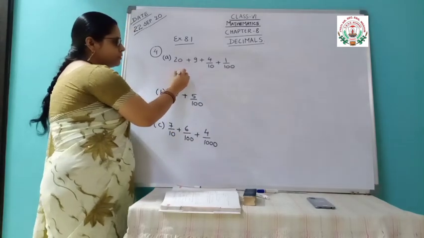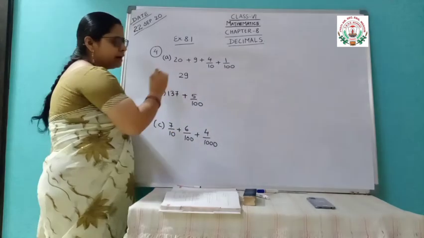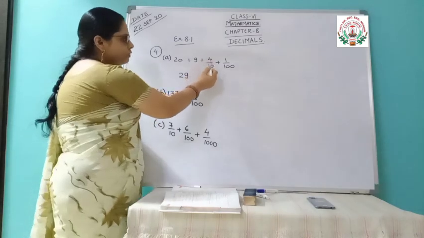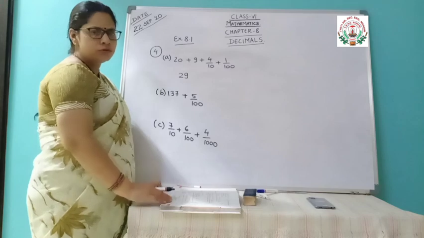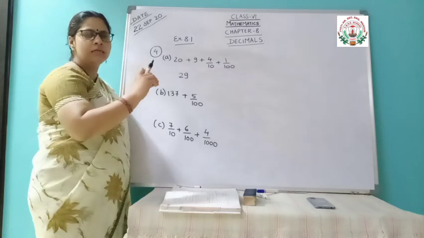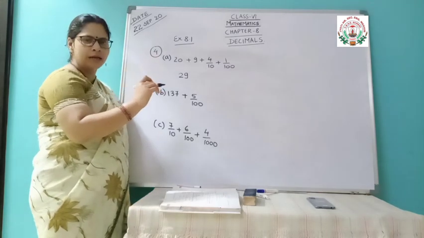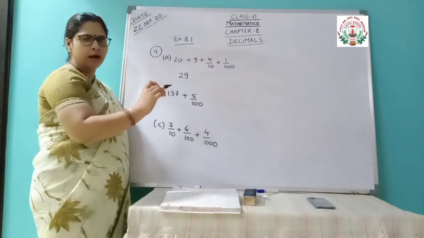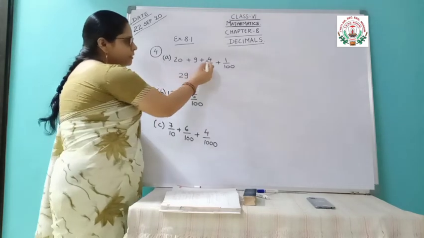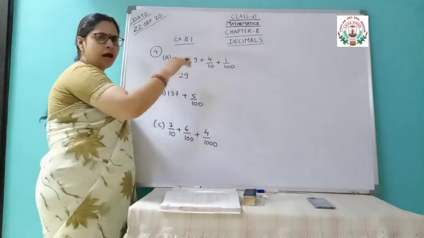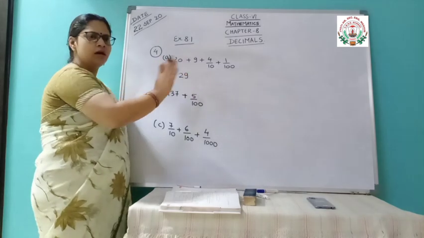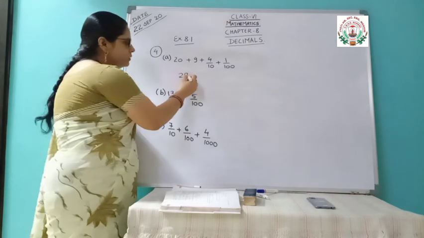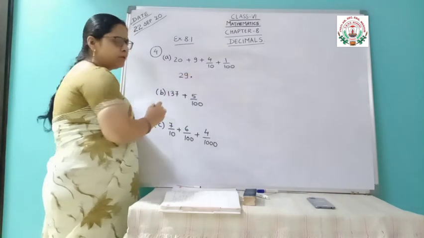So how are we doing it? 20 plus 9, of course it is 29. So we are writing 29. And it is 4 by 10, 4 by 100. In the place value system I have explained the first digit after the decimal is 1 by 10 and the second digit is 1 by 100. So these two are the decimal part. So definitely one decimal point will come there.